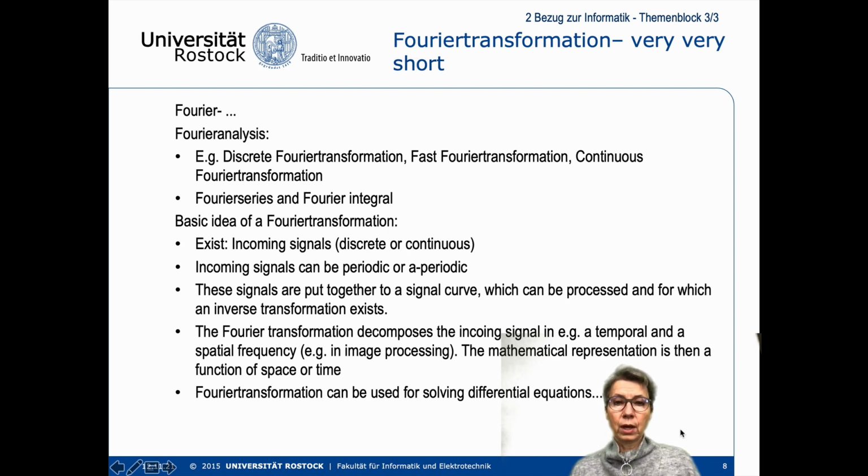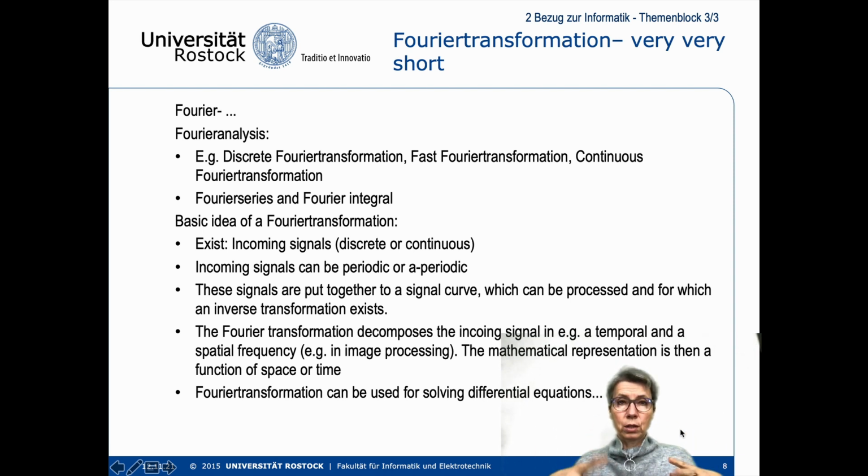These are the first steps you have to be aware of, and then the Fourier transformation decomposes the incoming signal into a temporal and a spatial frequency. This can take place, for example, in image processing, but also in sound processing. The mathematical representation is then a function of space or a function of time, dependent on which level you want to make the transformation.